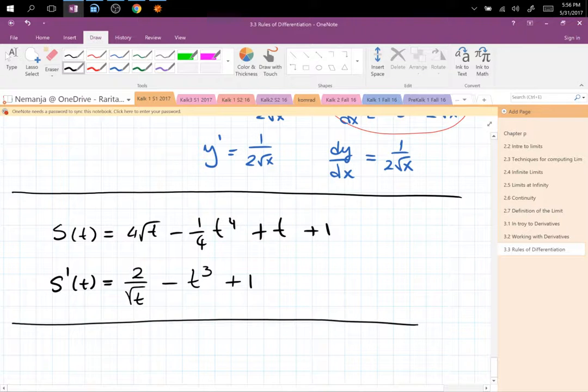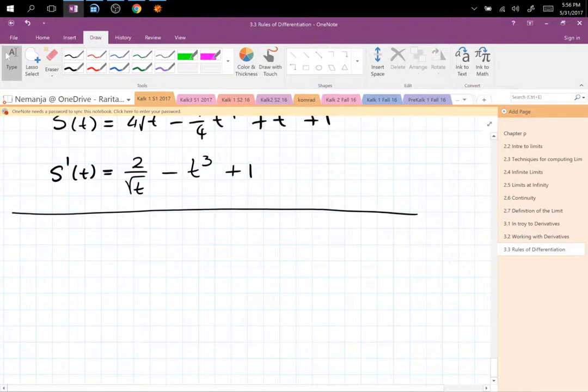Now let's see another problem. How about g of x is given as x squared minus 1 over x minus 1?